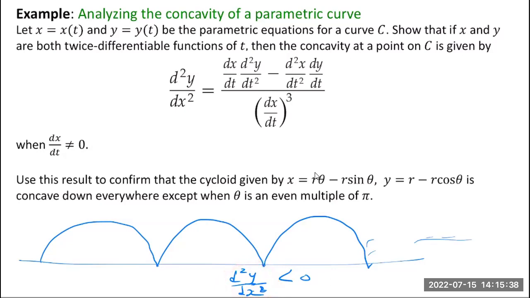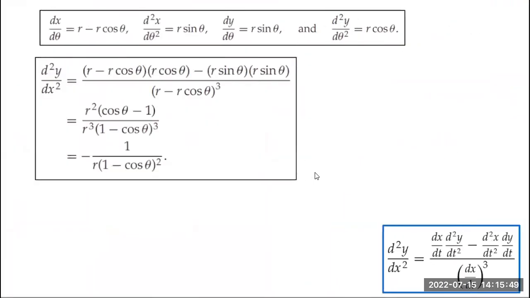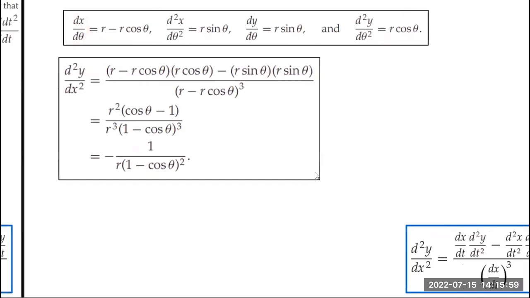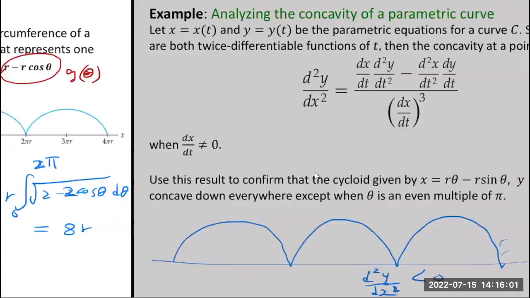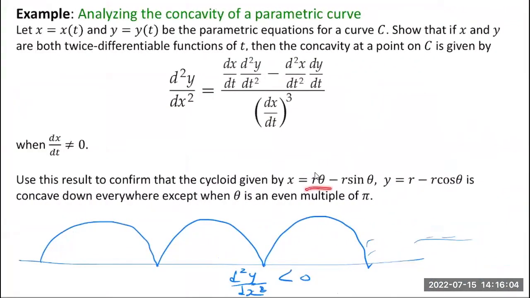To find d squared y over dx squared, I'm going to use this formula. Here is the calculation. In our example, our variable is of course theta. So I find dx over d theta first. That is r minus r cosine theta. Remember, equations are given to us, so you can find dx over dt from this equation, dy over dt from this one.